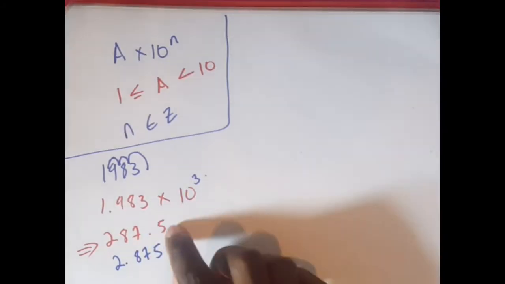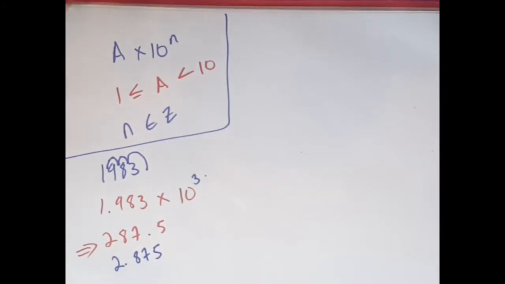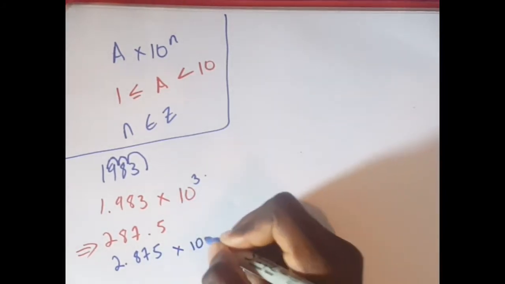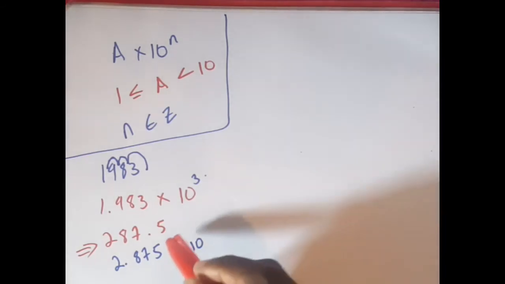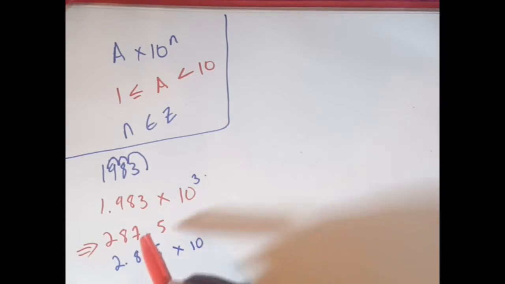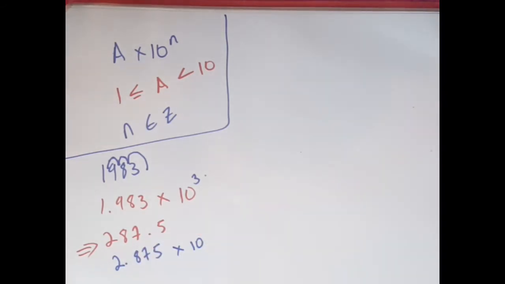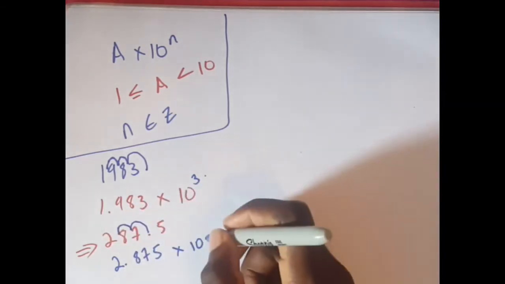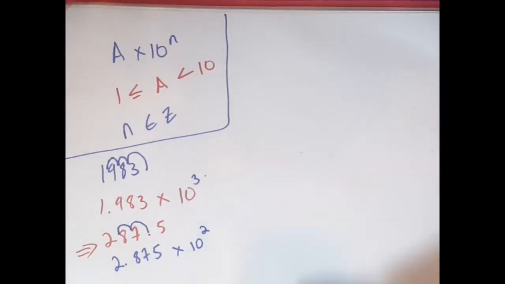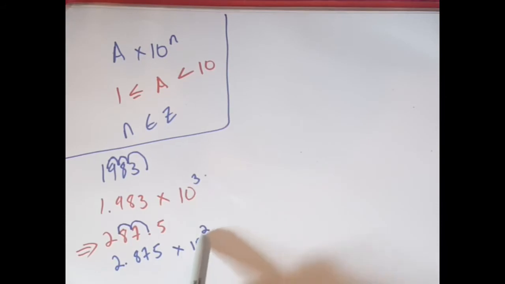But in this case, you wouldn't have 10 to the 3, because you are not moving the decimal point 3 places, just 2. So this is where the decimal point would move: 1, 2. So you would have a 2 for the index of this.